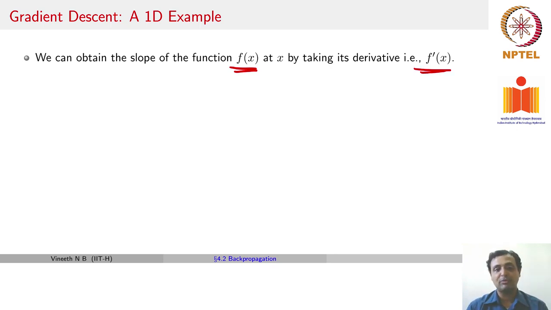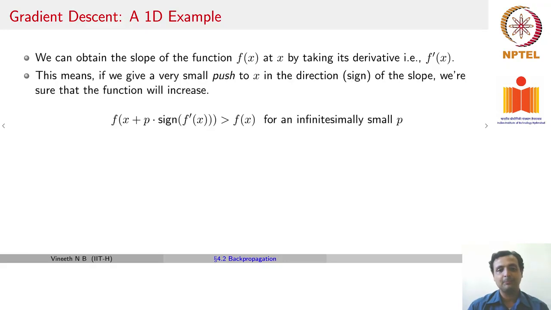Let f prime of x denote that slope of f at x. Now, if you give a very small push to x in the direction of the slope, the function will increase. What we mean is, you have x, you have p dot sign of f prime of x, which means we take the sign of the gradient, and whatever the direction be, in that direction you take a small step forward.